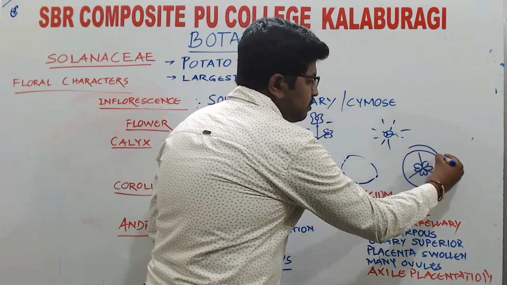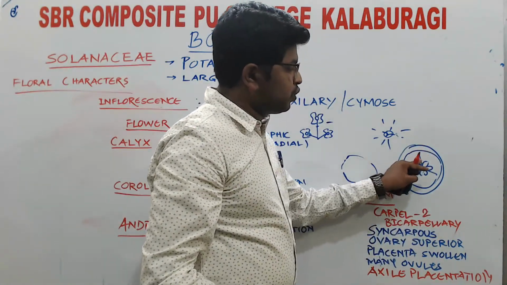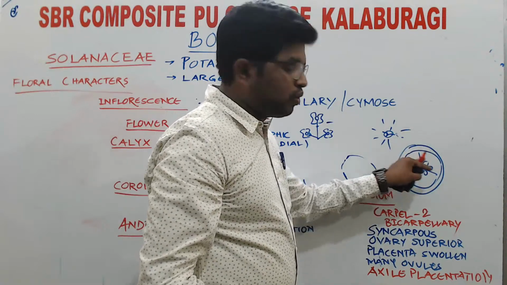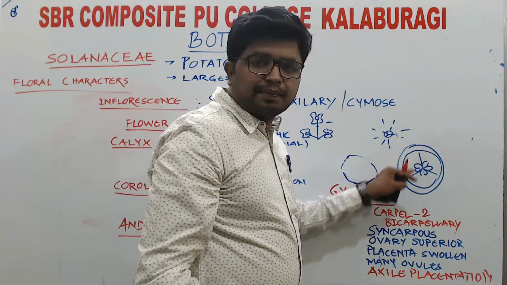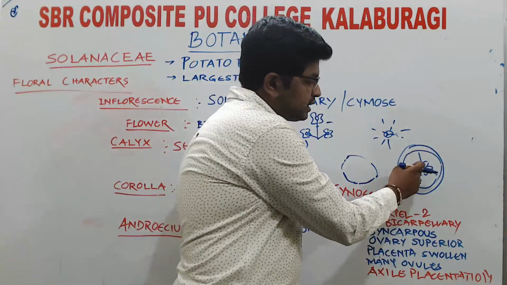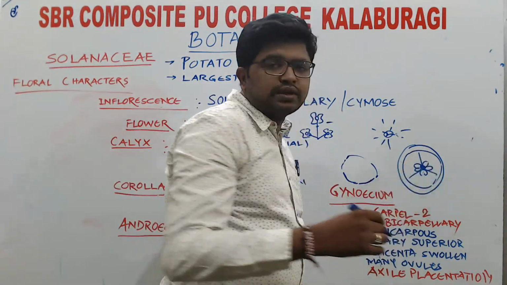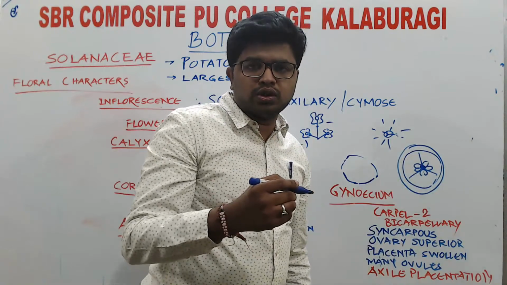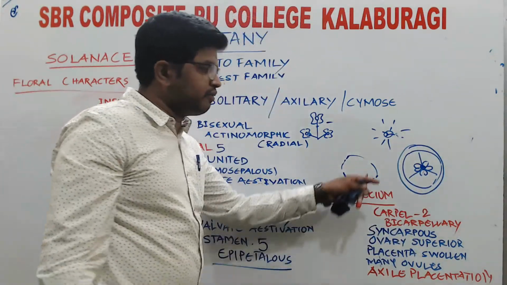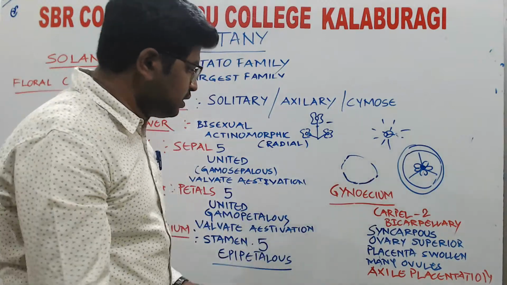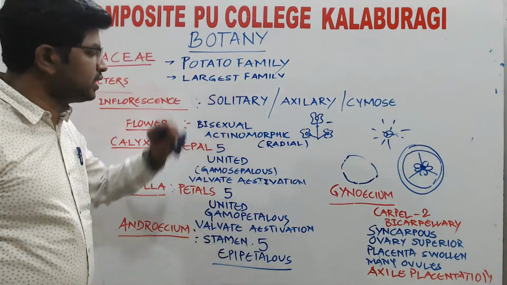If this is an ovary, you will have chambers, which we call locules, because of the septum. And this is the central axis. Around the central axis, you will see many ovules arranged. This is axial placentation, which we have done in the previous class. So this is how we are going to mention all the floral characters for the Solanaceae family.